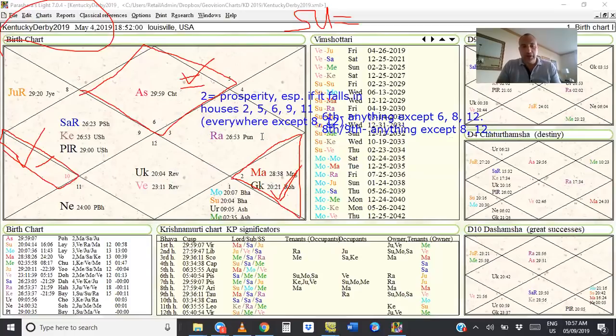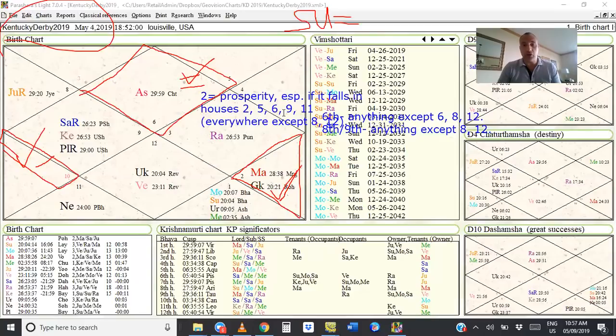And for this person, Ketu nakshatras, how do we deal with a star, say the 9th star? The 9th star for this person is a Ketu nakshatra, but it falls in the 8th house and the 12th house. That's going to reduce its goodness.